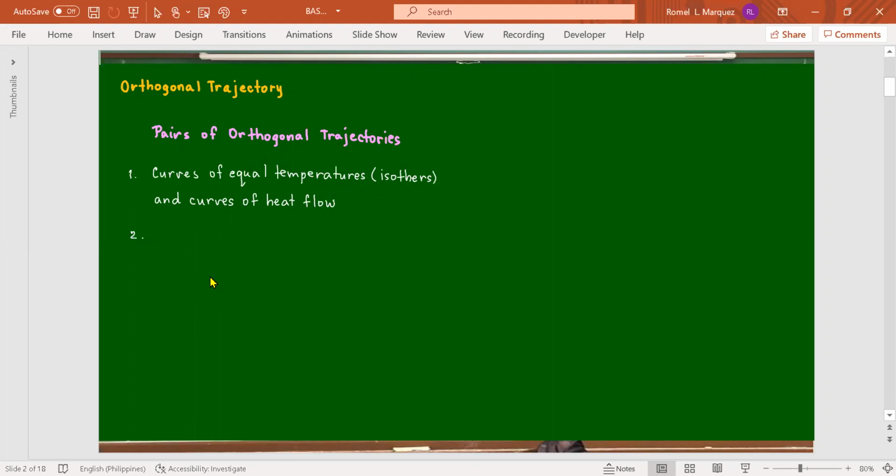Another pair of orthogonal trajectories are curves of equal altitudes, these are called contour lines, and curves of steepest descent on the map.